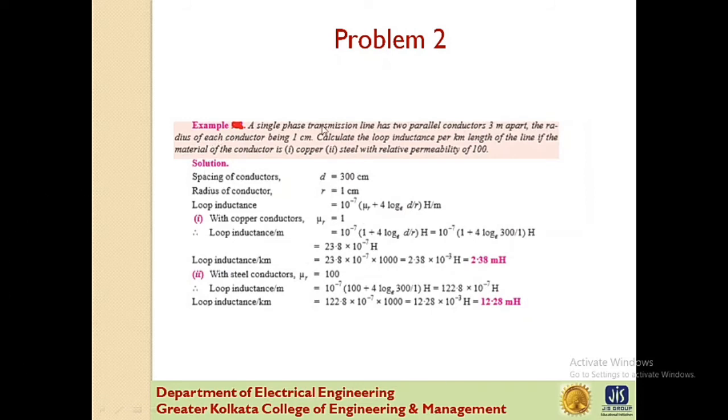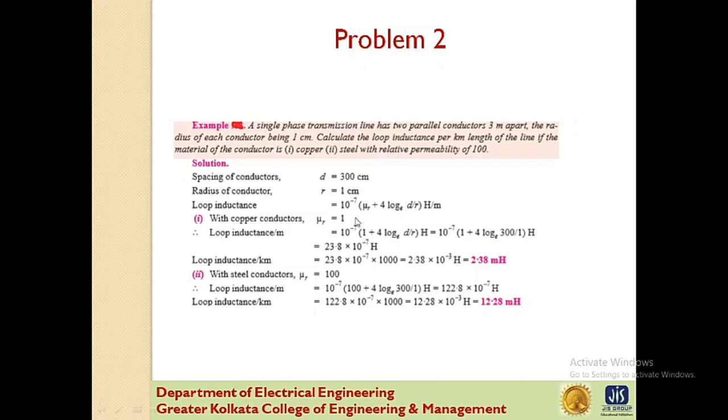Next, a single phase transmission line has two parallel conductors 3 meters apart. So D is equal to 3 meter or 300 centimeter. The radius of each conductor is 1 centimeter. Calculate the loop inductance per kilometer length of the line if the material of the conductor is copper and steel with relative permeability of 100. Loop inductance is 10^-7 (μr + 4 log_e D/r).